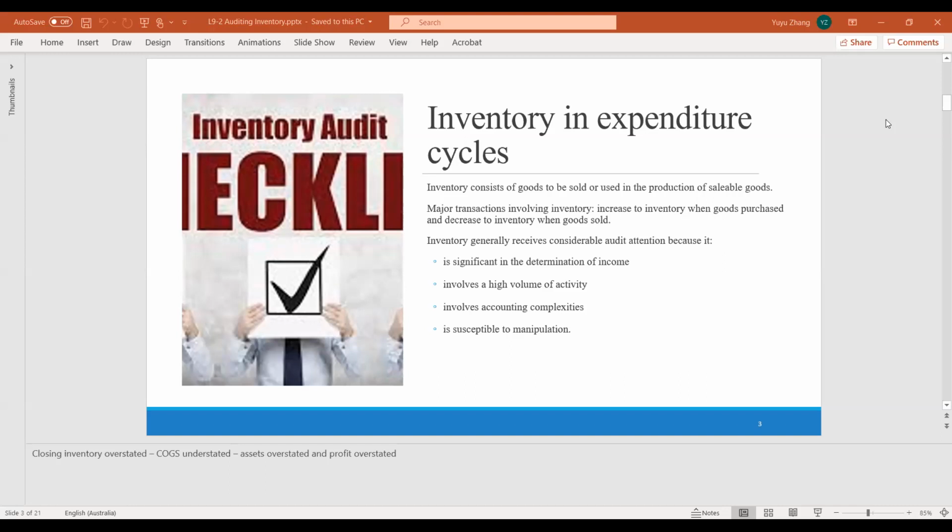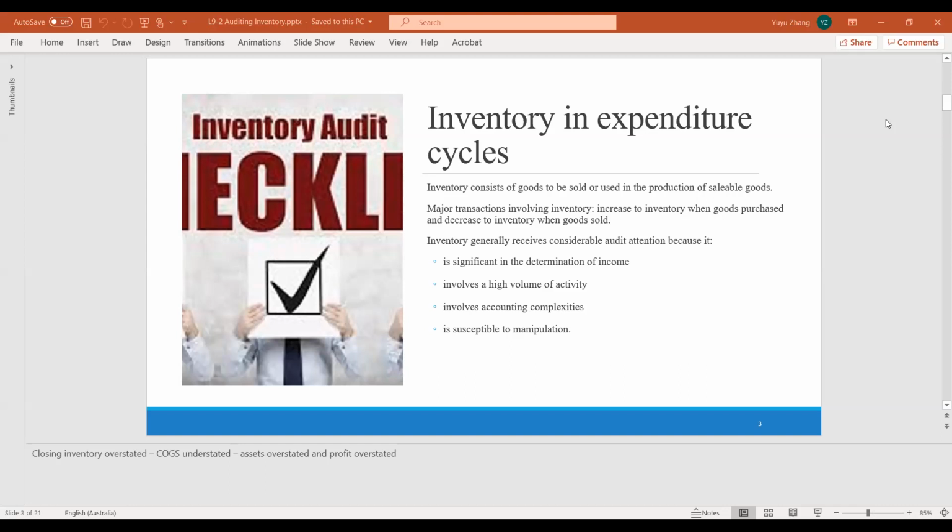So by auditing the sales and the purchases, you have already got a lot of evidence about inventory. So auditing inventory has been partially done in auditing sales and purchases.